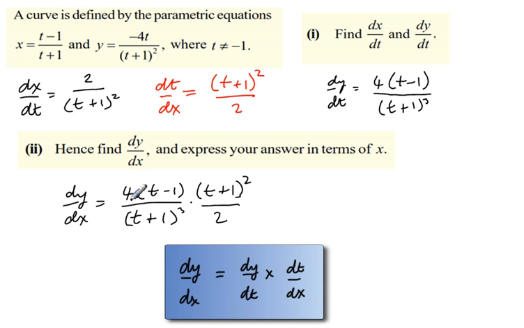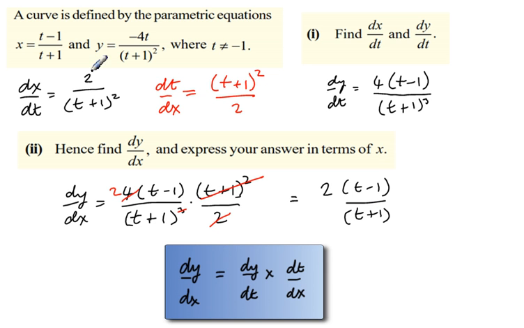And here we see we have some nice cancellations. 2 goes into 4 twice, and t plus 1 squared and t plus 1 to the power of 3, well, they divide in such a way that I'm left with just t plus 1. And when I neaten up my answer, this gives me 2 into t minus 1 all over t plus 1.